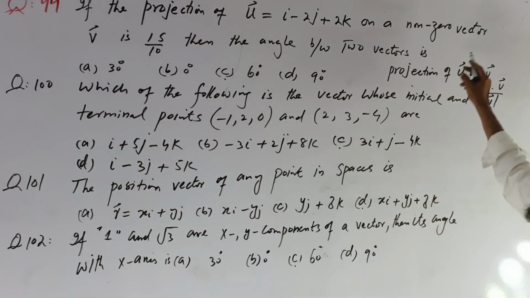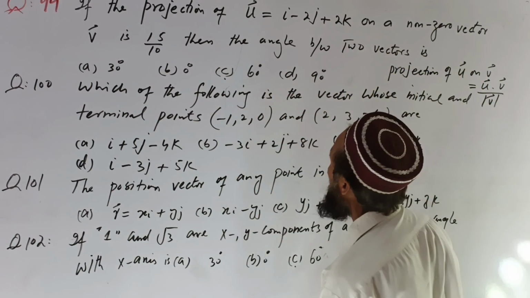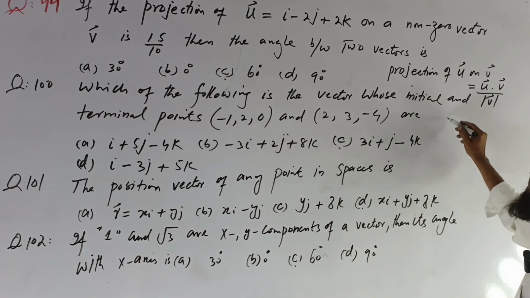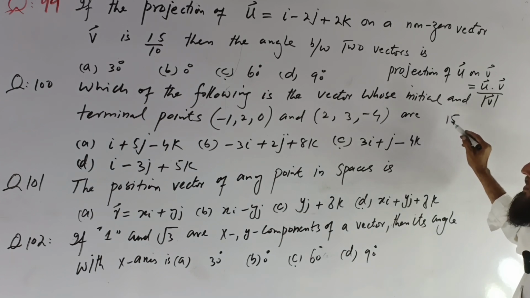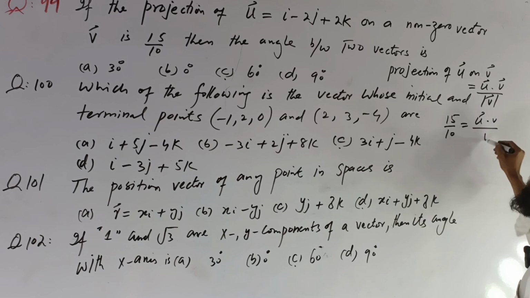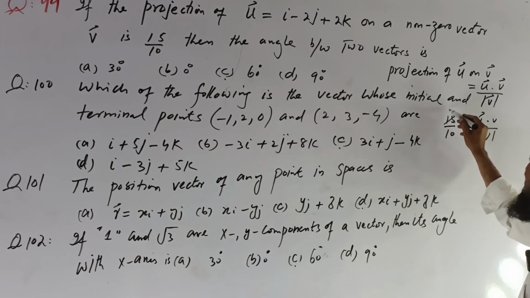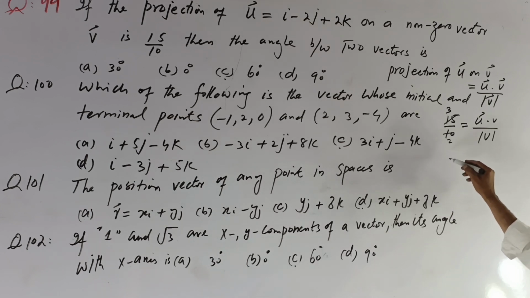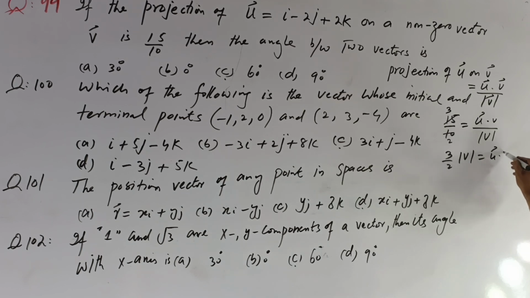Here it is given that this is 15 divided by 10. So if we divide 15 by 5 and 10 by 5, we get 3 divided by 2, v magnitude is equal to u dot v.